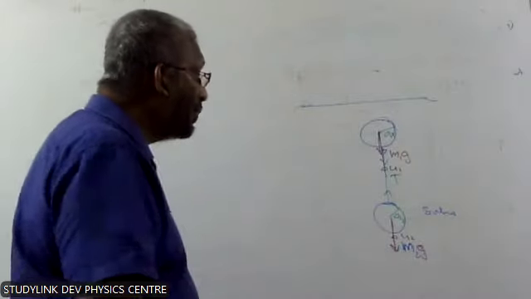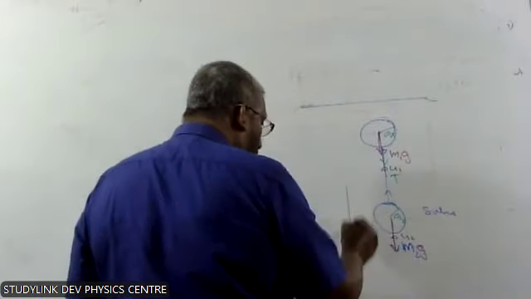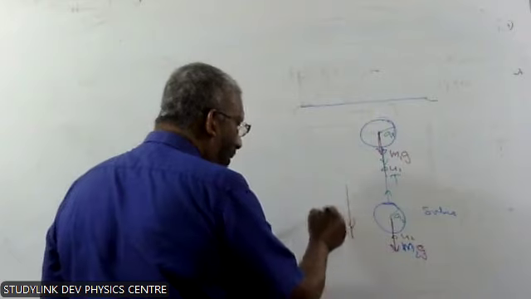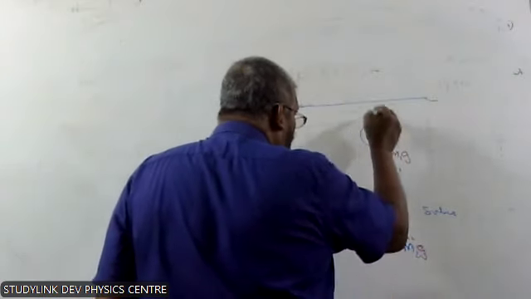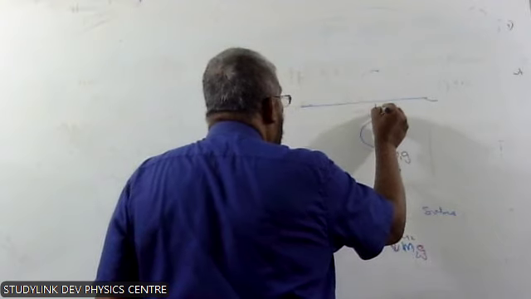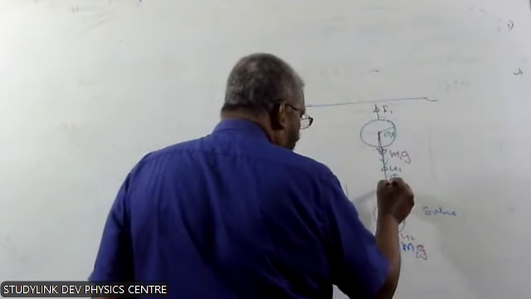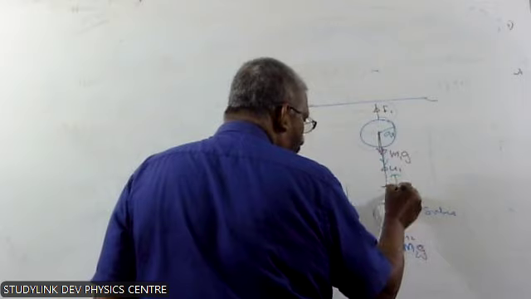And there is another force. When it is moving downwards with a certain velocity, or terminal velocity, there is a viscous force F1, and here another force, F2.